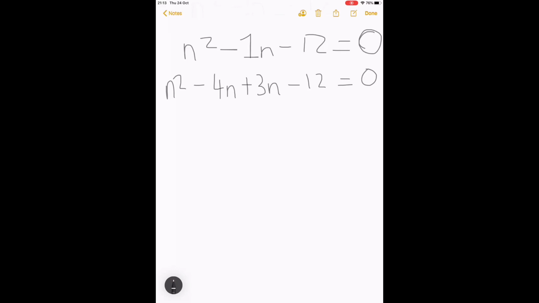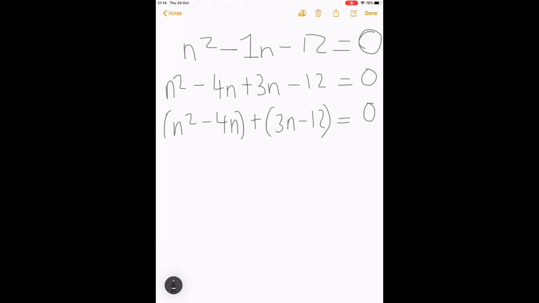Now we can factorize this equation further by adding brackets: bracket n squared minus 4n, plus bracket 3n minus 12, which equals 0.